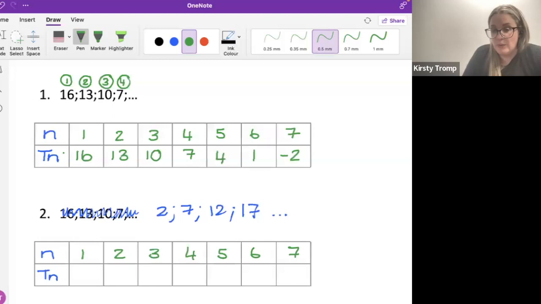I want to go ahead and fill in this table. So I've got my first term here was 2, and then I had 7, and then 12, and then 17. All right, so can I see my next hand that is up here? I've got Tara Jane. Are you going to help me fill in this table? Yes, let's go.